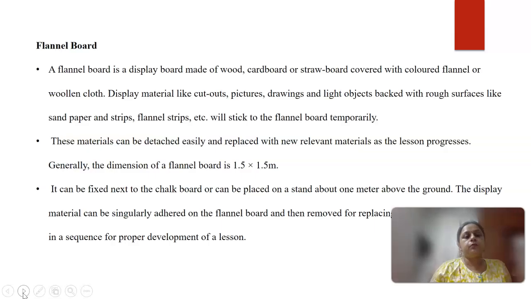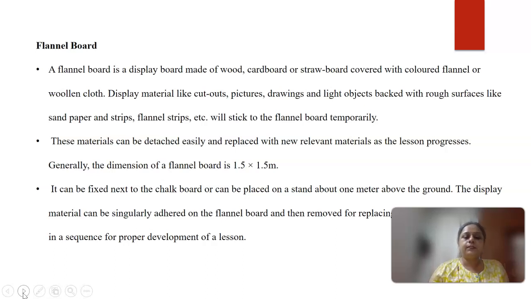After display boards, there are flannel boards. Flannel boards are made of wood or cardboard or strawboard, and things or cutouts can be attached to the flannel board and they can be removed also. These are basically attached temporarily, and as the lesson progresses, they can be replaced with newer ones or with relevant materials.